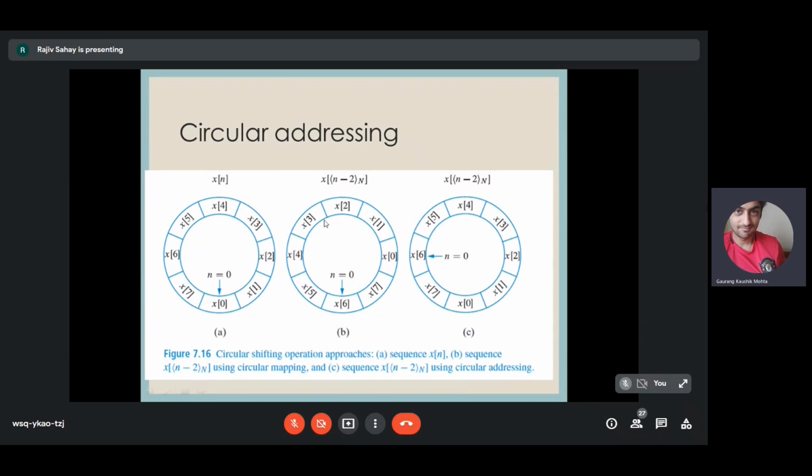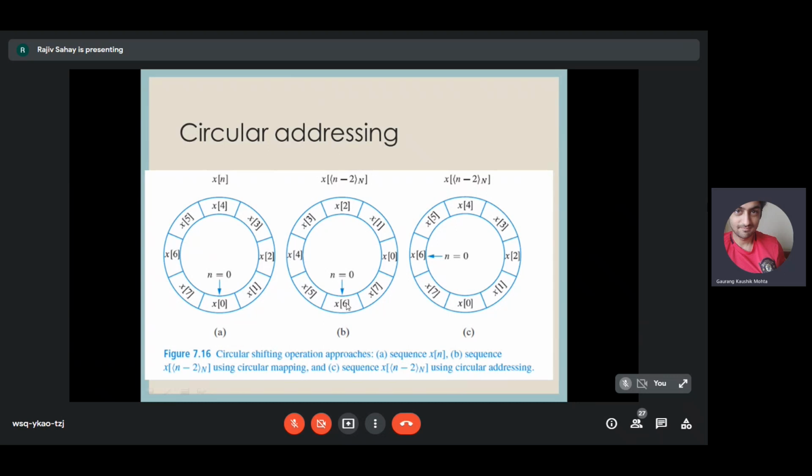So this is modulo shifting, circularly moving the elements anti-clockwise in the sequence. But your origin remains fixed. n equal to 0 is where the pointer stands. So this involves more complicated operations because your pointer is static.